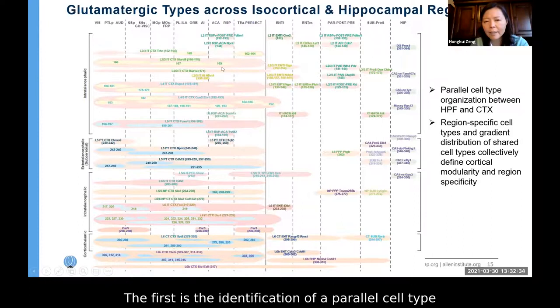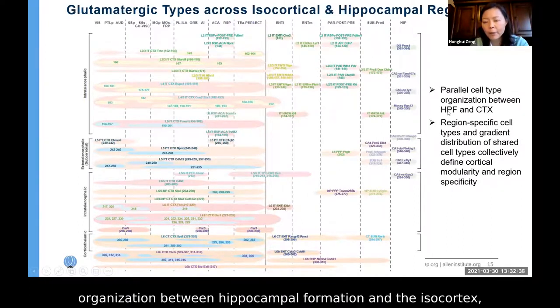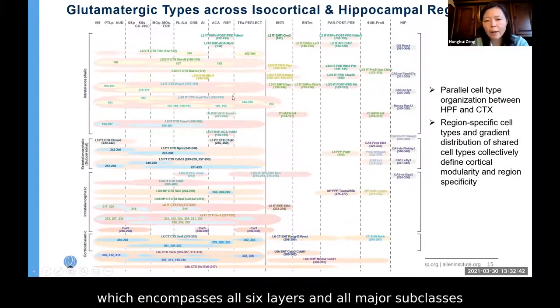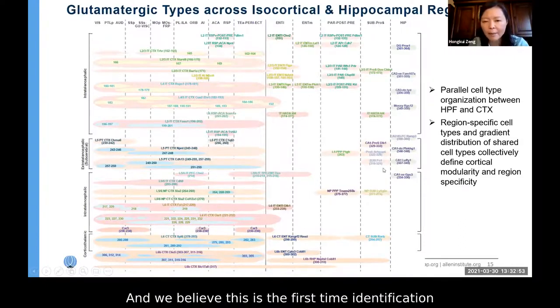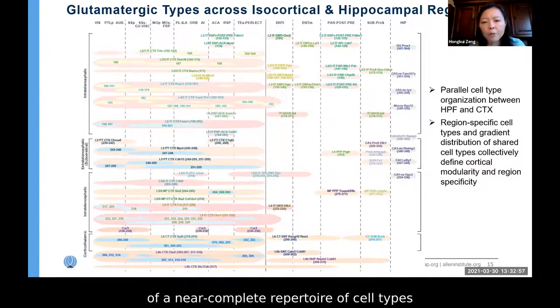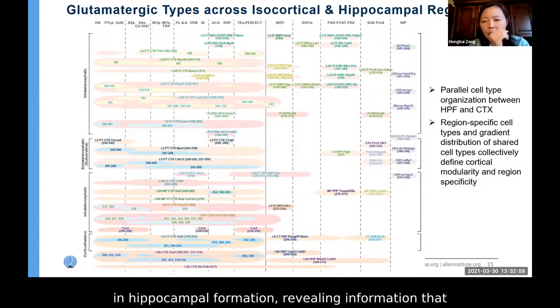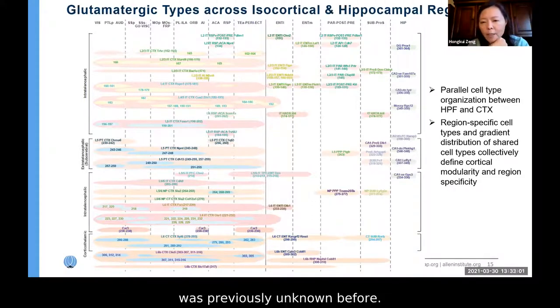The first is the identification of a parallel cell type organization between hippocampal formation and isocortex, which encompasses all 6 layers and all major subclasses of neurons in hippocampal formation itself as well. And we believe this is the first identification of a near complete repertoire of cell types in hippocampal formation, revealing information that was previously unknown.